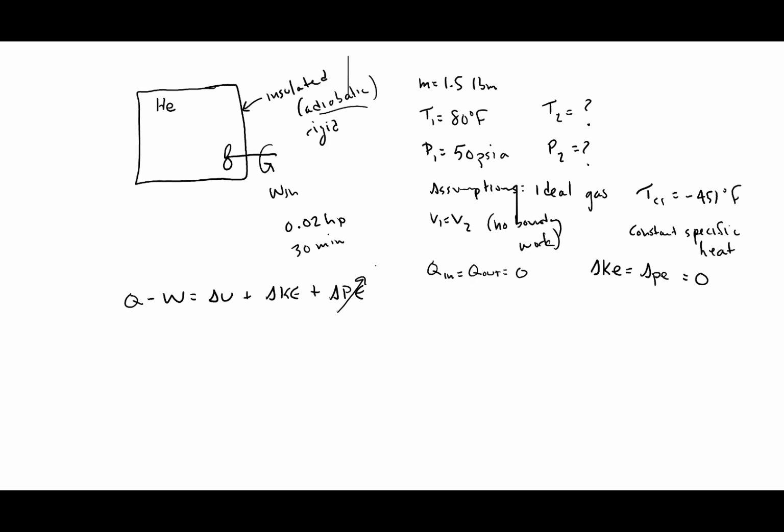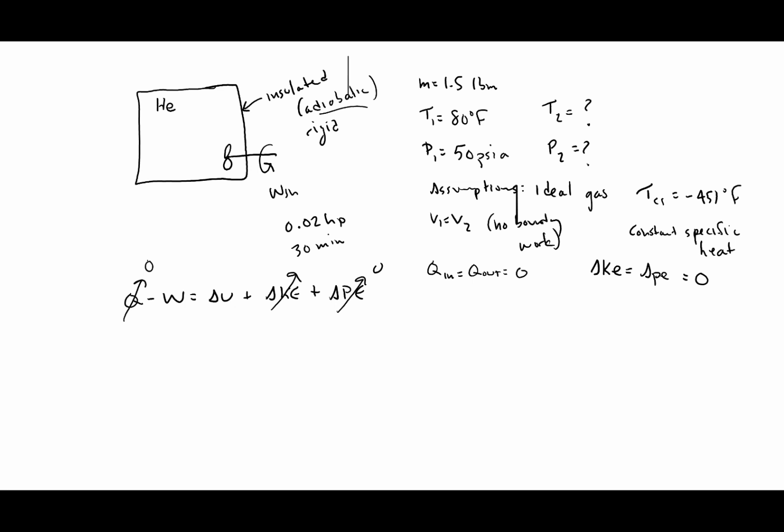We've already determined that these are 0. So we just have that Q minus W is equal to delta U. Also, we know that there's no heat transfer, so Q is 0.